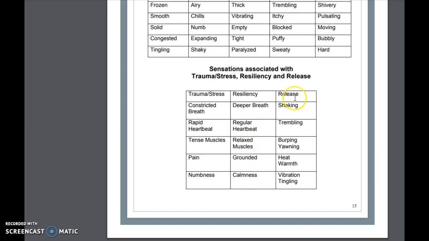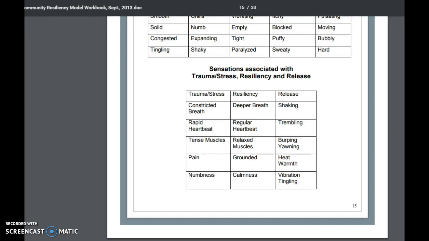And then during a release, when we release the stress we're holding in, release is when it's been let go, like having a good cry or shaking or burping, yawning. You might feel tingly after releasing. Sometimes that's why exercise helps take the edge off somewhat, because we get to release this pent up tension in the body.